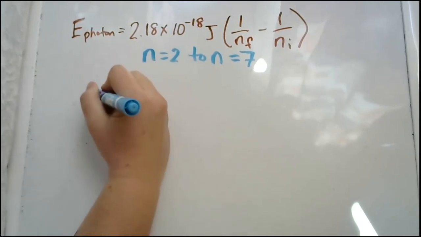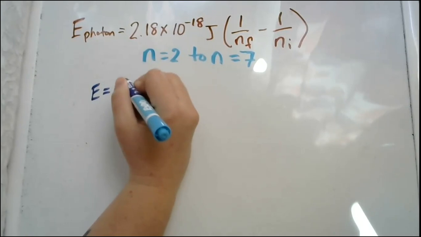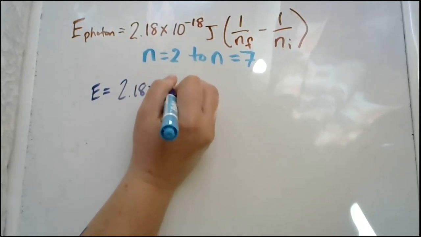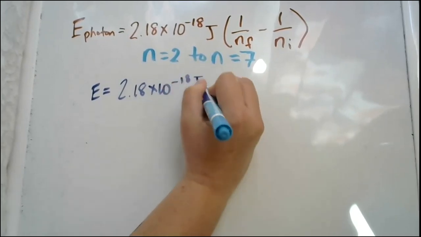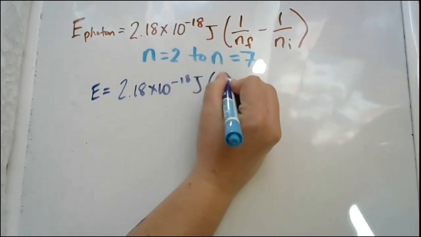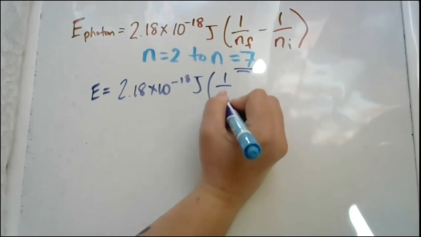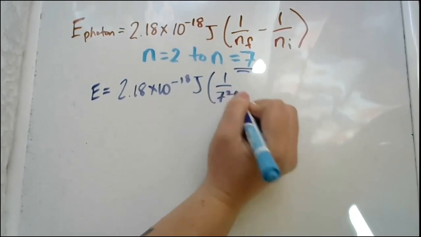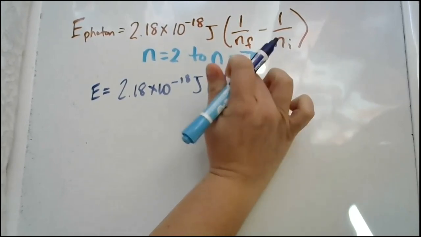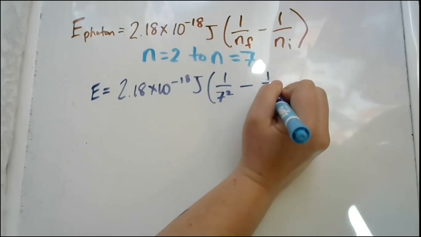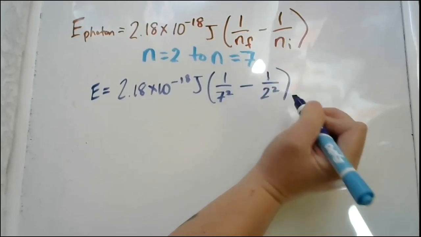So I'm going to set up my equation, 2.18 times 10 to the negative 18 joules. My n final is 7, so it's going to be 1 over 7 squared minus 1 over 2 squared.